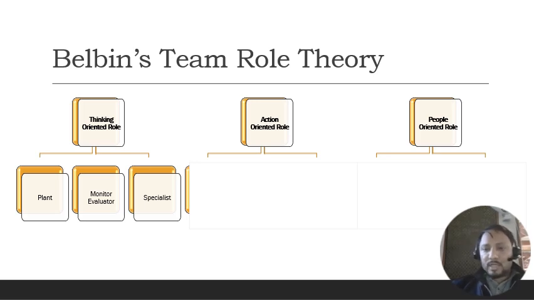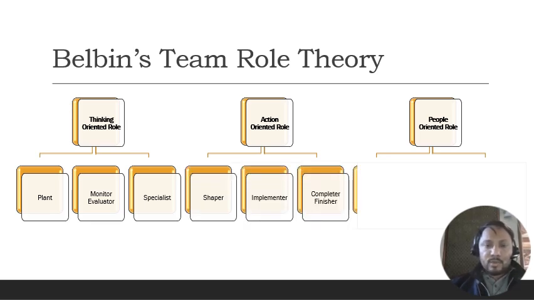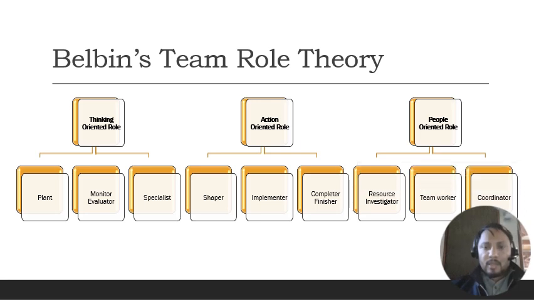We will go into the details in the next slide, but for the time being, it's only to know the names of these three categories under thinking oriented roles. Then action oriented roles: shaper, implementer, and completer finisher. And the third one is people oriented roles, and in this category we have resource investigator, team worker, and coordinator.